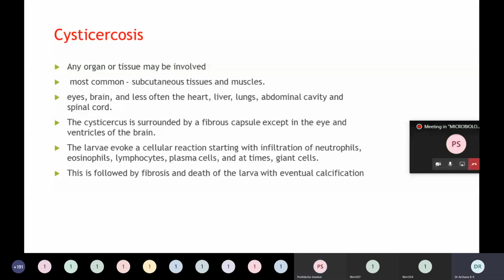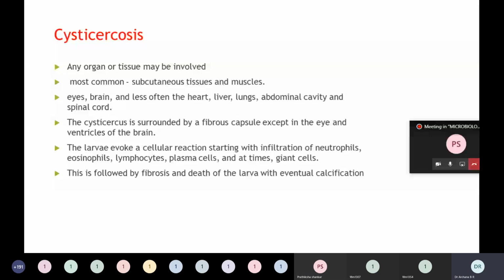Cysticercosis is caused mainly by Taenia solium. Any organ or tissue may be involved by cysticercus. Most commonly, it involves the subcutaneous tissues and the muscle. It can also involve the eyes, brain, and less often the heart, liver, lungs, abdominal cavity and the spinal cord.